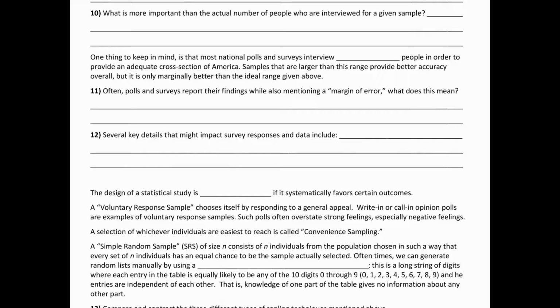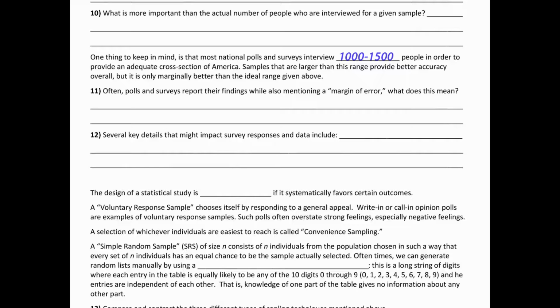Starting off, one thing to keep in mind, most national polls, if you are looking in the newspapers or in articles or in magazines, they're going to interview a certain number of people. Usually a good range will be somewhere between 1,000 and 1,500 total. And that provides accurate results. Usually it's a good cross-section of demographics, races, sex, religions, financial situations, how much money you would make.